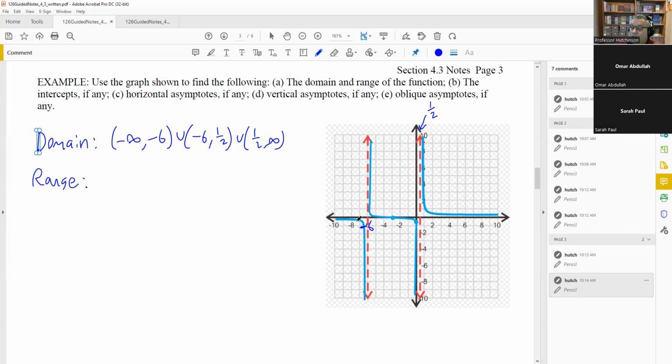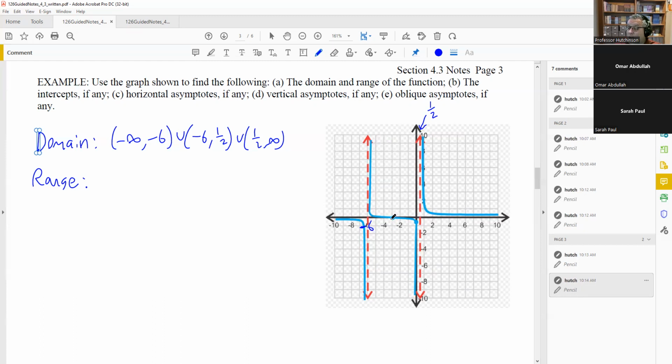Now for the range, I mentioned before that if you have a horizontal asymptote, the graph is never going to touch it unless you have more than one vertical asymptote. As we see right here, the graph does in fact cross the x-axis.